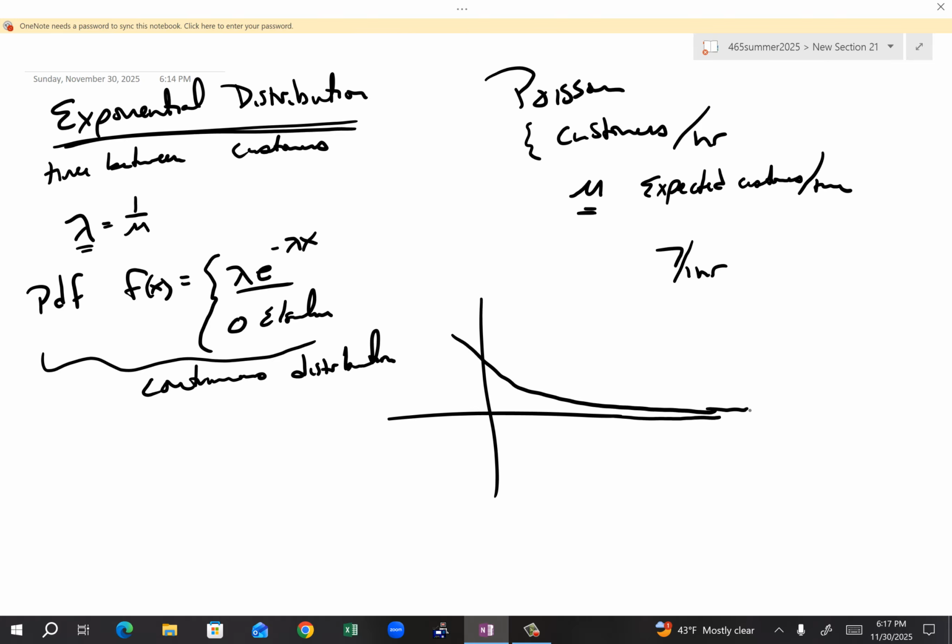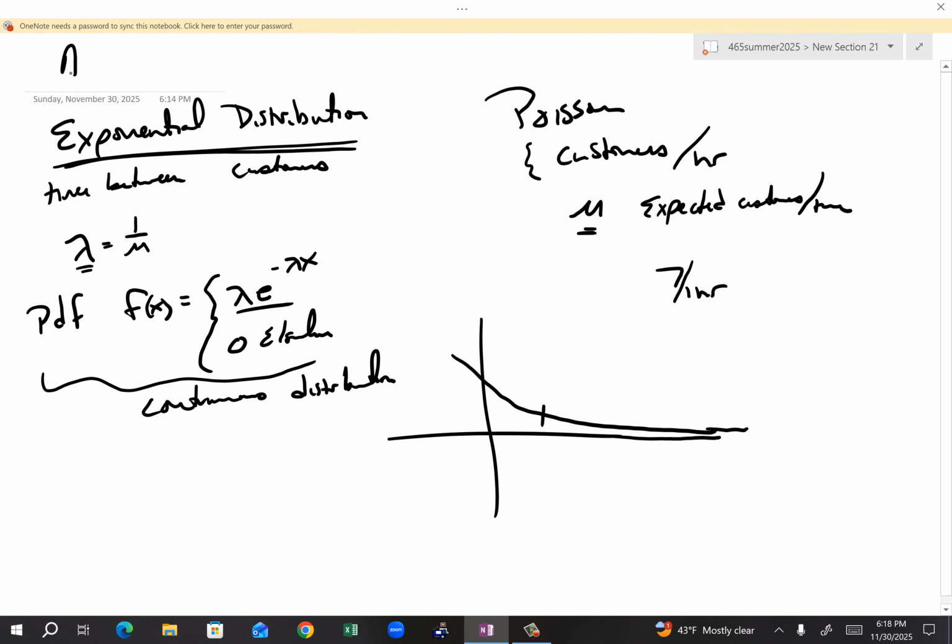So that means the probability of any one point would be the number of outcomes at that one point divided by an infinite number of outcomes. But if I divide by infinity, isn't that basically 0? That's correct. When we're doing continuous, this is true for any continuous distribution. The probability of any one number is 0.